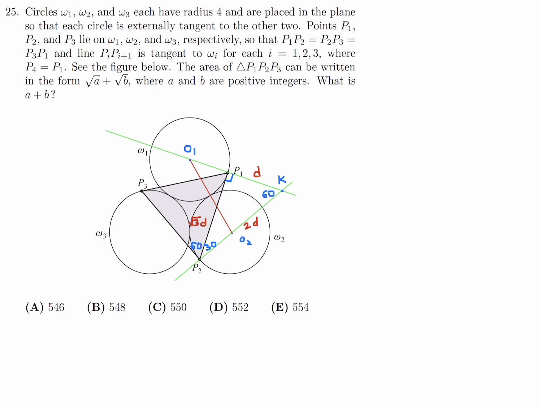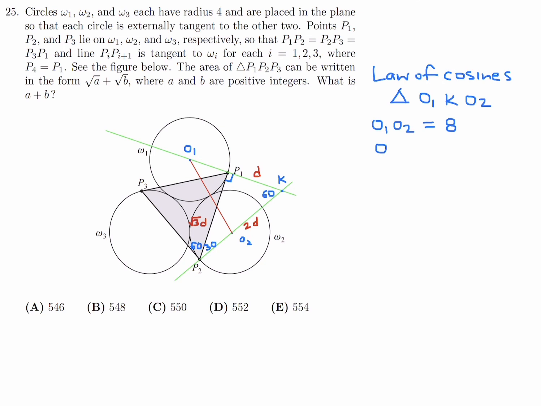And at this point we can proceed with law of cosines, in particular on the triangle that has been created from the points O1, K, and O2. So O1 to O2, I'll just write out the lengths instead of making the diagram messy. That is the distance from the center of one circle to another. So the distance is basically 2 radii. And since the radius is 4, that distance is 8.